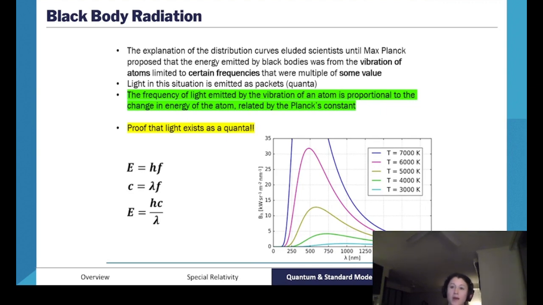So, how did this show that light was a particle? The explanation of this eluded scientists until a famous scientist, Max Planck, proposed that the energy emitted by black bodies was from the vibration of atoms limited to certain frequencies that were multiples of some value.